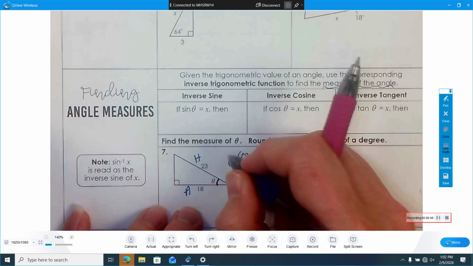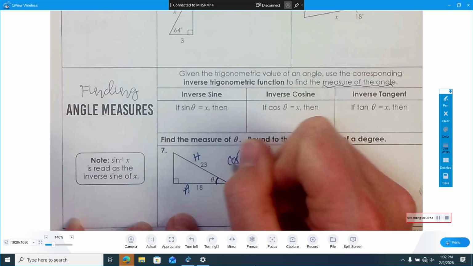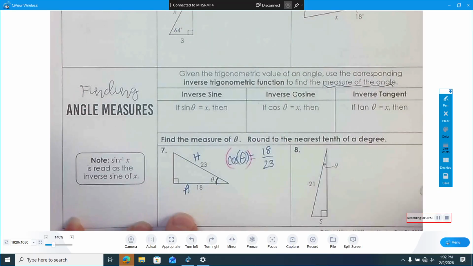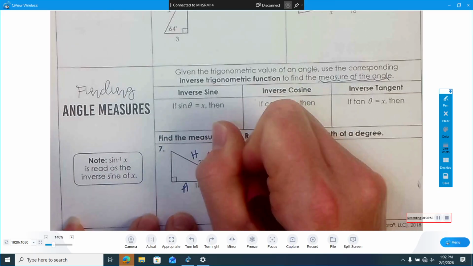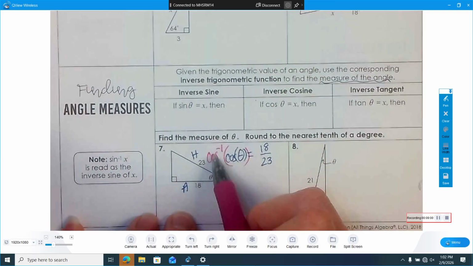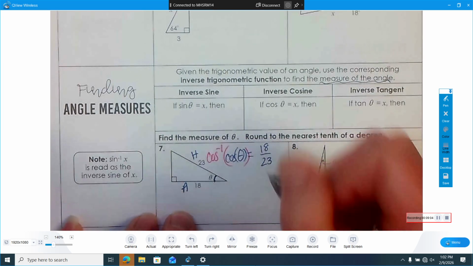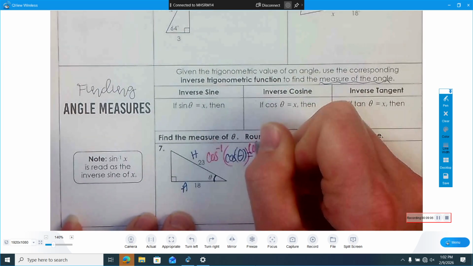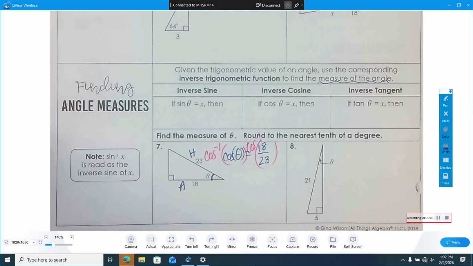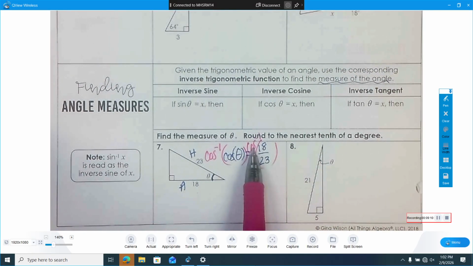And so what we're going to do is cancel out a cosine function. To undo a cosine function, we use the cosine inverse. That's what this -1 means. It's the inverse function. So we're going to take a cosine inverse of both sides. And yes, I want you to smush it in. Mathematically, it's flawless.